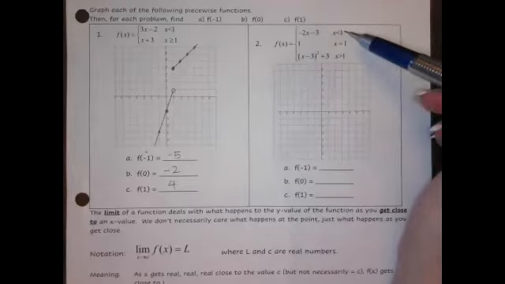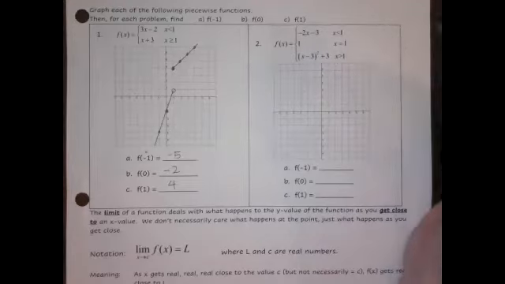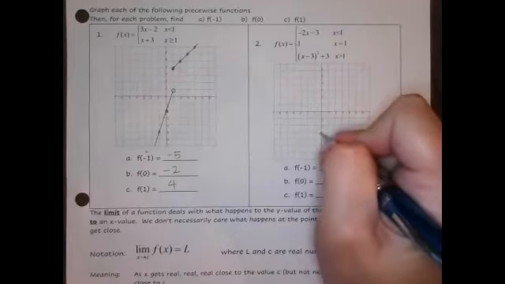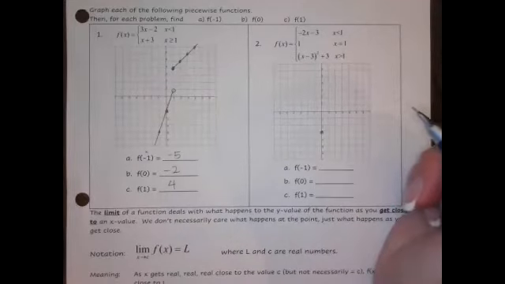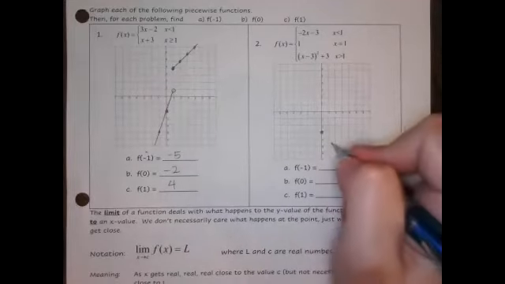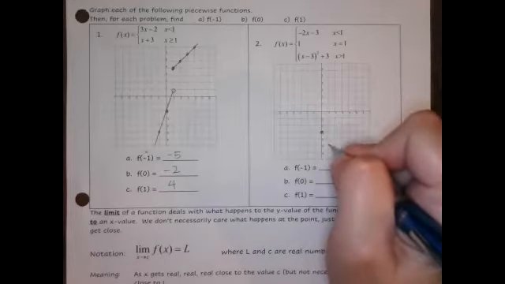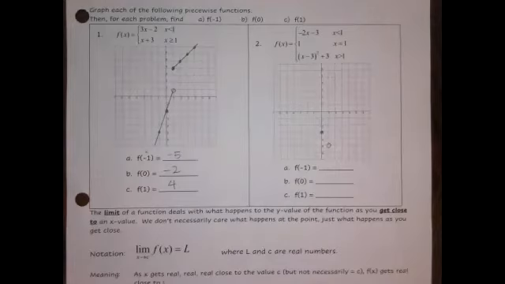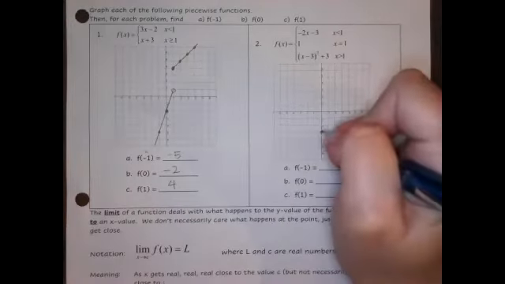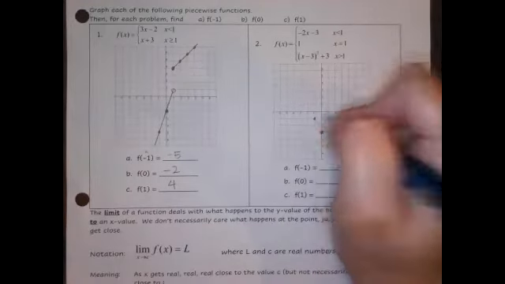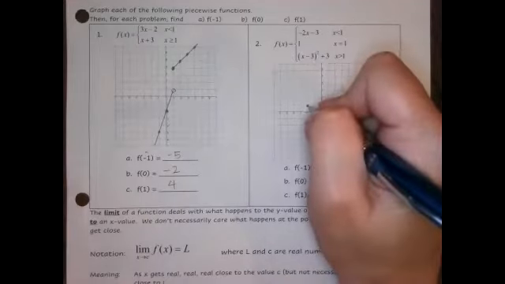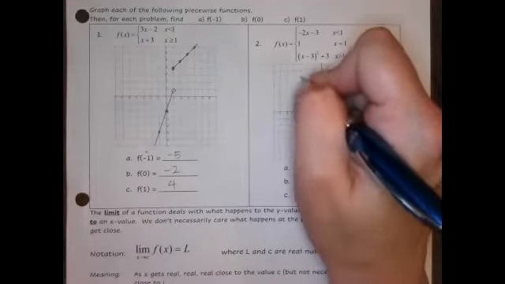So I'm going to start with the x is less than 1 right here, and here is my line. I start at -3, and then I use my slope of -2 to go down 2 and to the right 1. That puts us at 1, so I'm going to do an open circle right there. And then I would use up 2 and to the left 1 for that slope of 2.